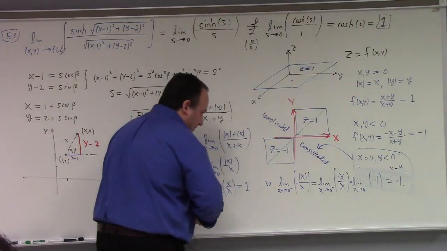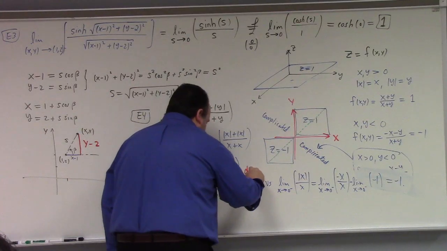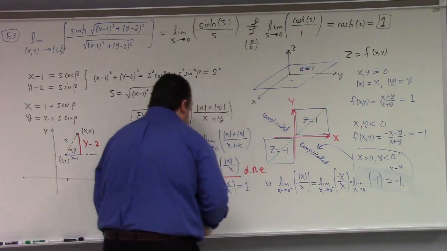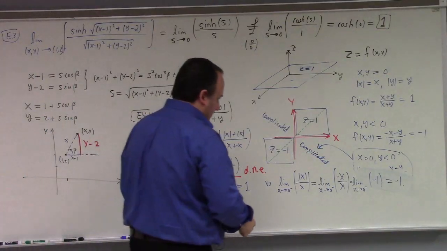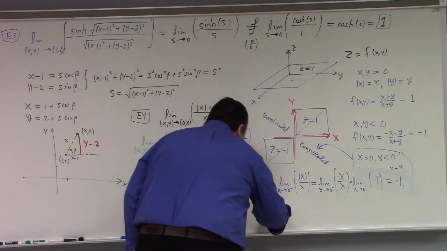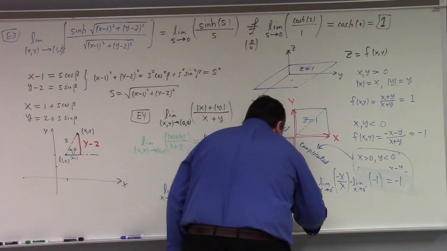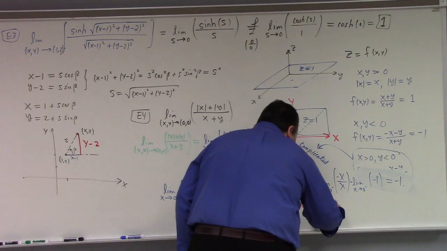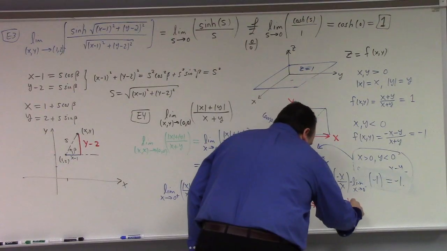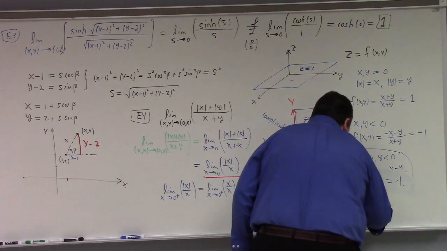So therefore, this limit does not exist, because the x goes to 0 plus or minus limits differ. That's calculus 1.